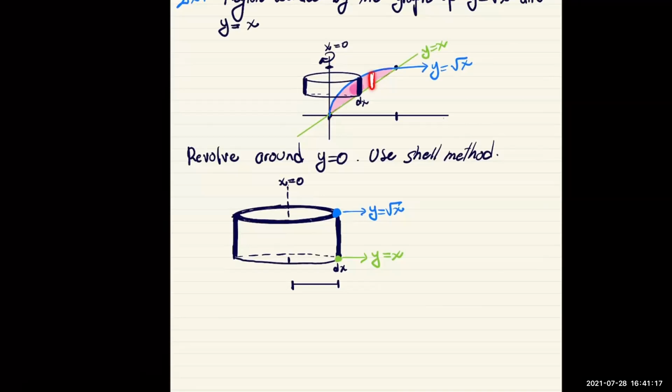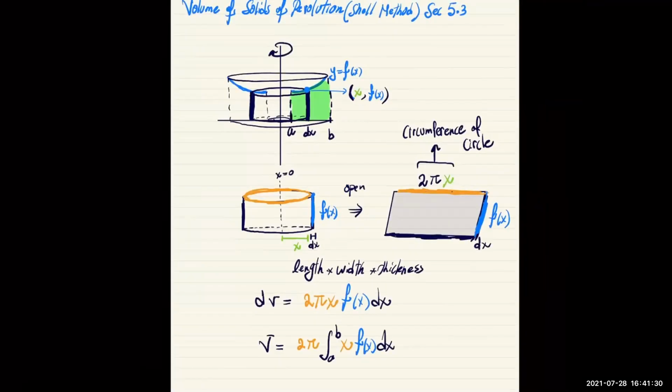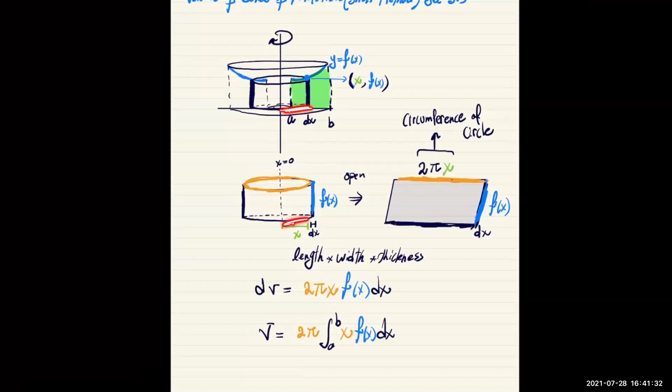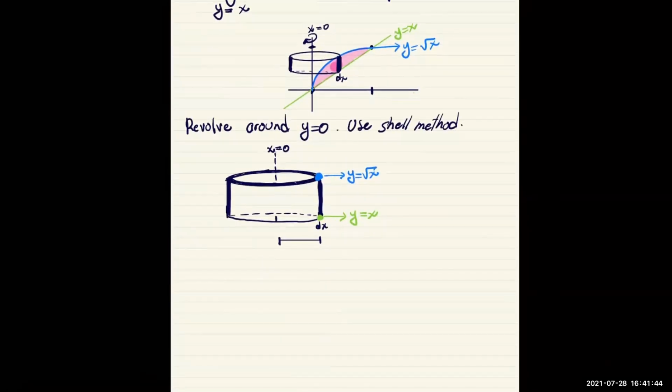This shell varies. There are infinitely many shells. So as you vary x, those shells are varying too. But the distance from here to here is, look at that, it's x, right? This is x. Since this point is x, f of x, the horizontal distance from the axis of revolution to the point on this strip is just x.